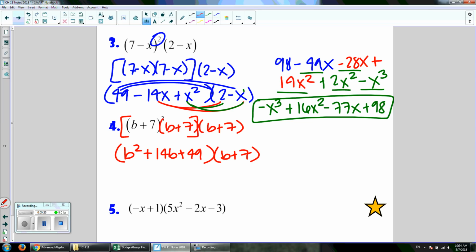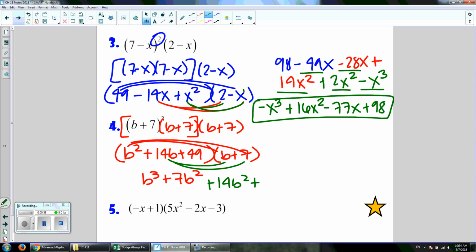So again, I'm going to take my b squared times everything. So b to the 3rd plus 7b squared. Then the 14b by both of those, plus 14b squared plus 98b. Then I'm going to take the 49 by the b and the 7, plus 49b plus 343.